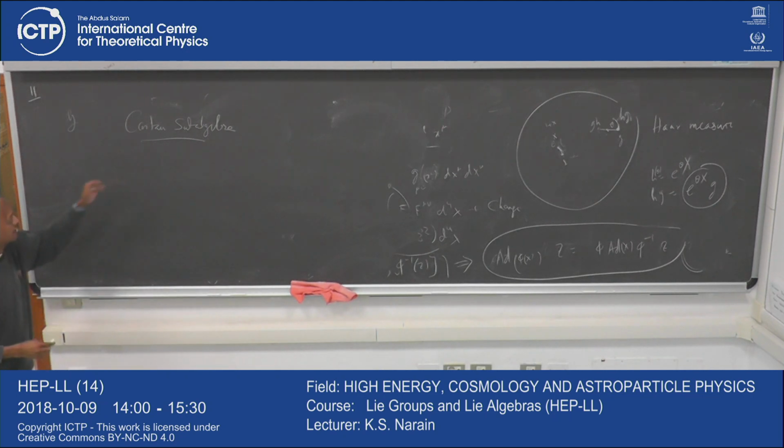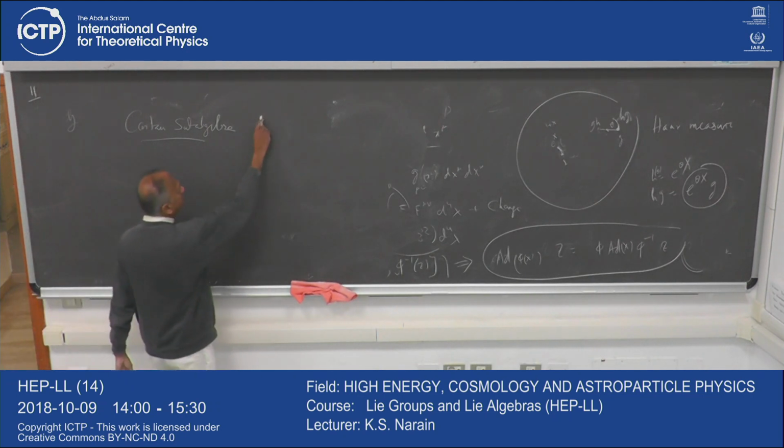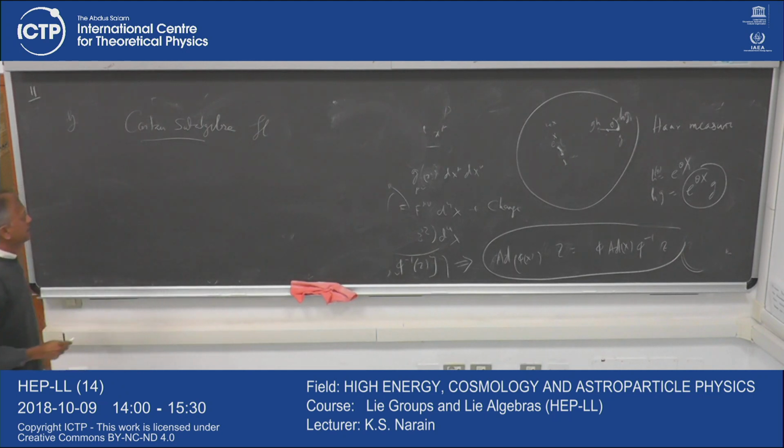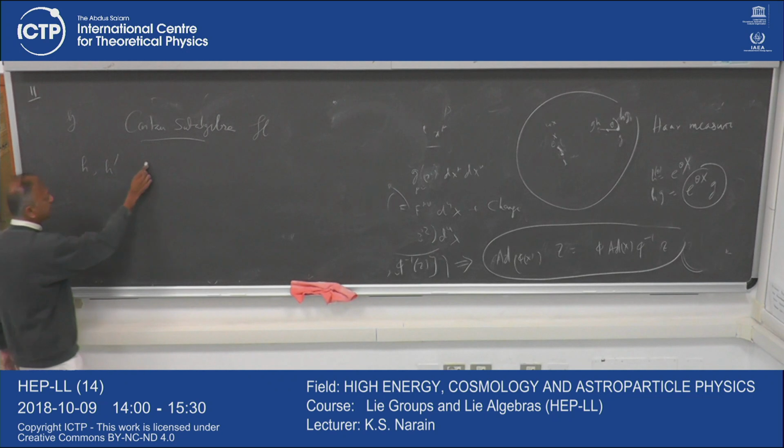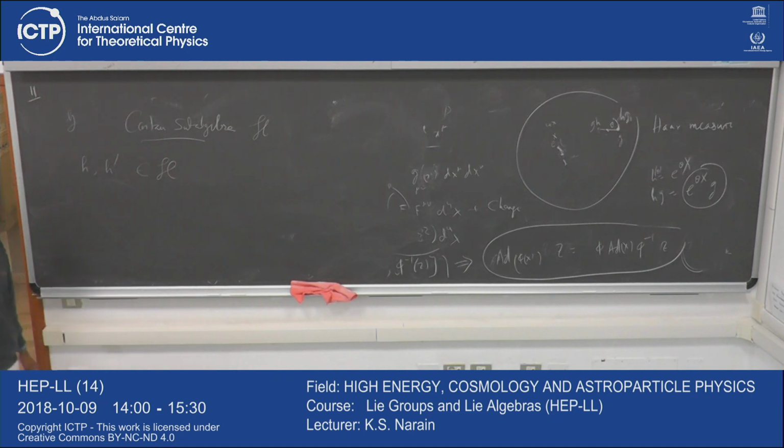So the Cartan subalgebra, let's call it H. Let's suppose I have two elements, H and H prime, belonging to H. We now want to compute B of H, H prime. What is this?